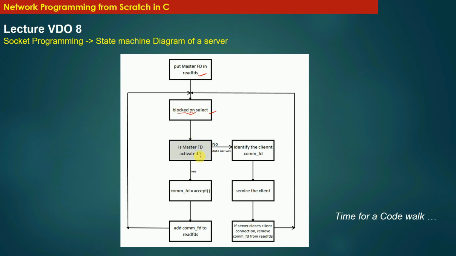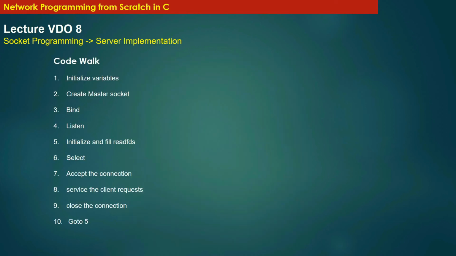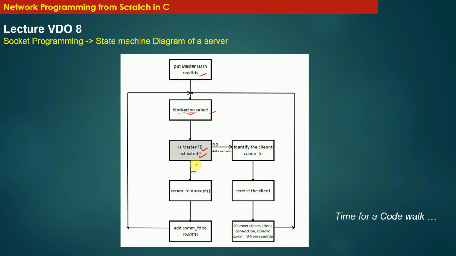Now, when the new client connection request arrives, only the master socket file descriptor is activated, because the purpose of the master socket file descriptor is to detect new client connection requests. So when the new client connection request arrives to the server, the master socket will get activated. So let us assume that the new client connection request has arrived, so this condition will be true.